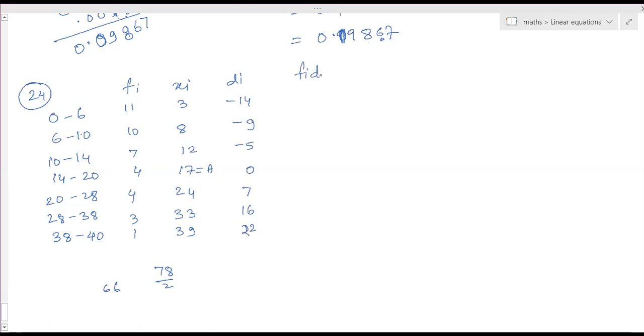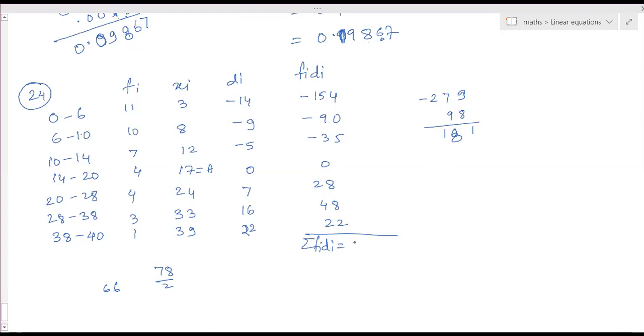Now FiDi: 11 into minus 14 is minus 154, minus 90, minus 35, 0, 28, 48, and 22. Sum of FiDi: minus 279 plus 48 plus 22 is 70, 98, 118.